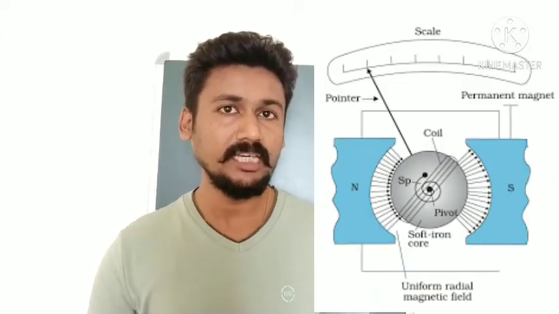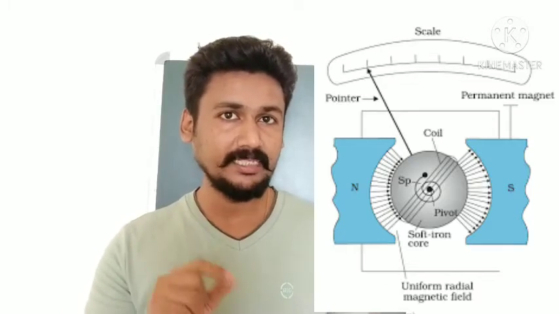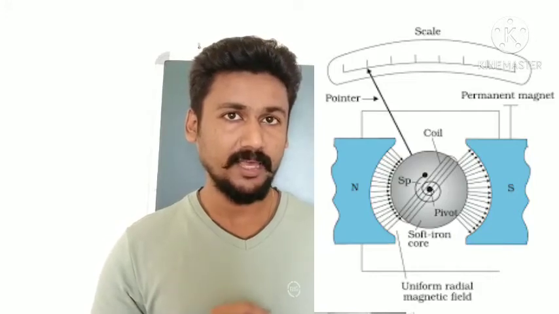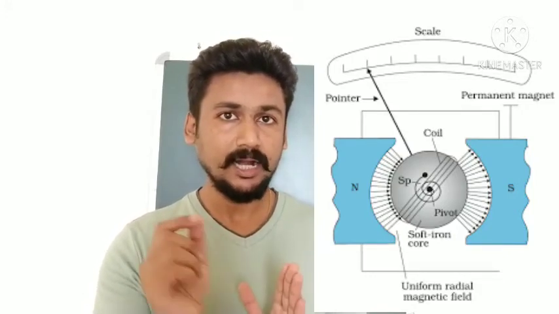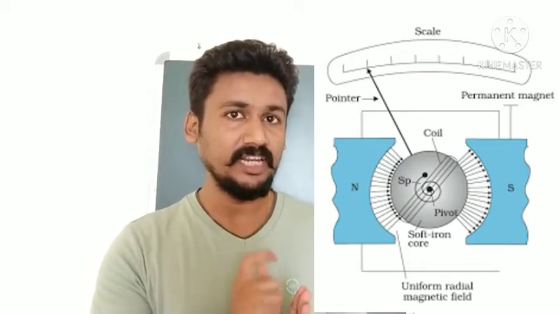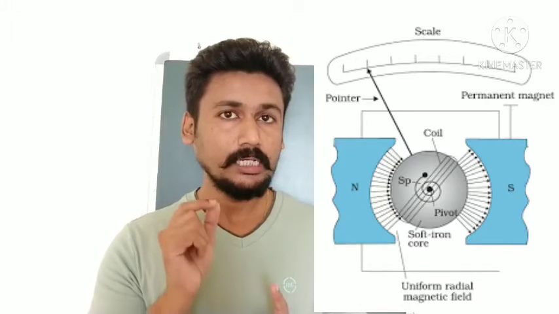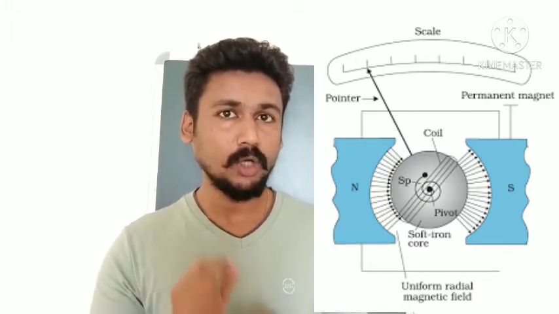Now what do you see in this diagram? First, there is a coil inside. It is a rectangular shaped coil with many turns of insulated copper wire. This coil is placed around an axle so that it can freely move. Then the coil is placed between strong magnets, and you can see the shape of the magnets is concave.